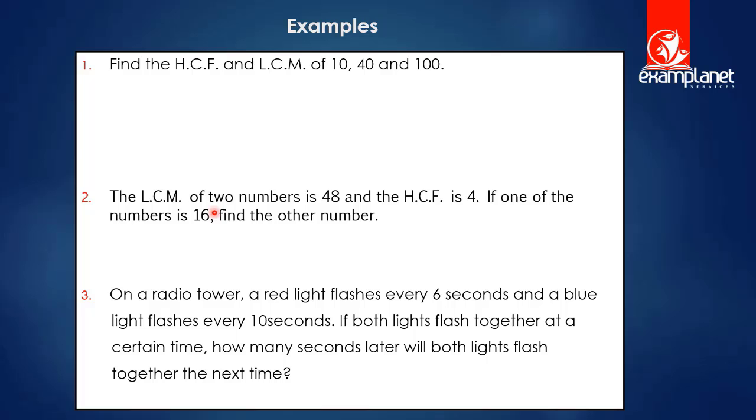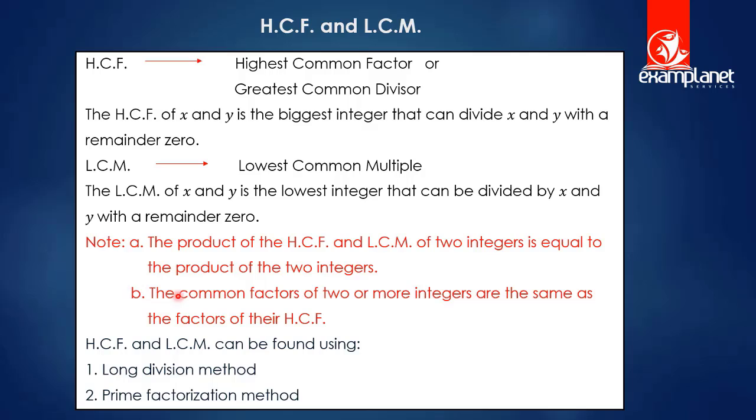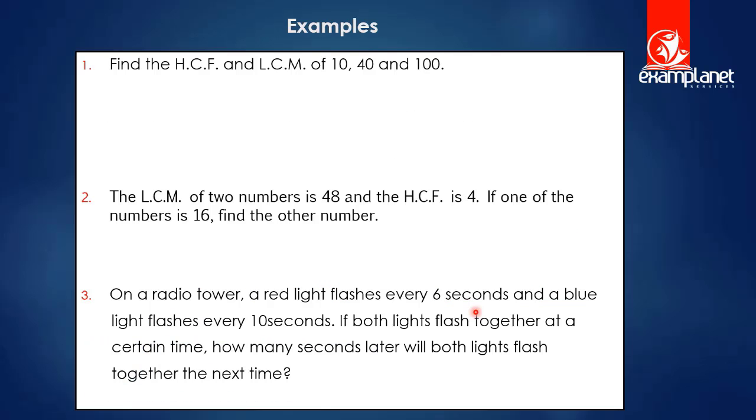Now remember the rule that says the product of the HCF and LCM of two integers is equal to the product of the two integers. So this means if you multiply the HCF and the LCM, the product must be equal to the product of the two integers.